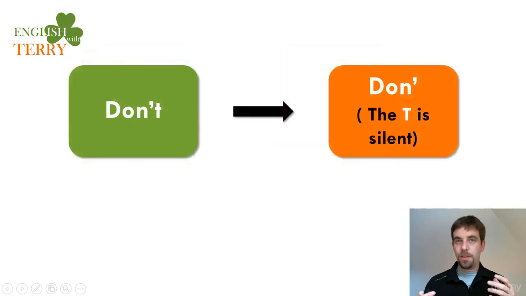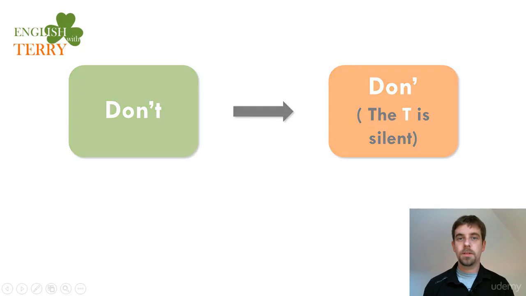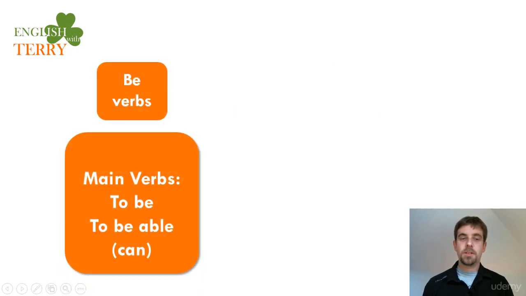So, for example, in the first video, I will show you about don't. Very often the T is silent: don't, not "dawn", but don't. We need to be clear when we use don't and when we don't use don't.